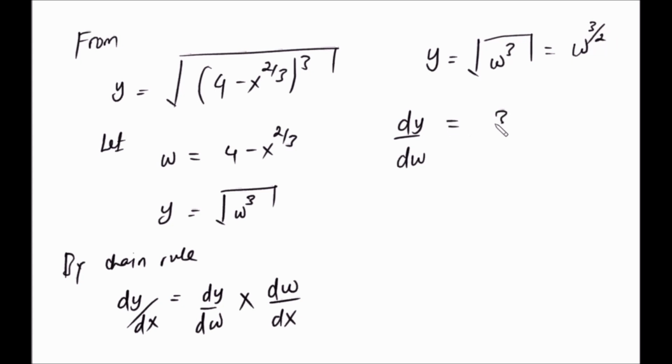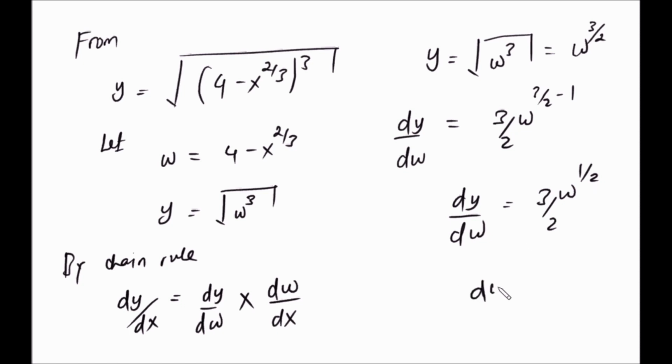Kwa hiyo dy dw ni 3 over 2 w 3 over 2 minus 1. Kwa hiyo dy dw ni sasa na 3 over 2 w power half. Nikichukua 3 over 2 minus 1 napata half. Kwa hiyo unaweza kuandika dy dw ni sasa na 3 over 2 the square root of w.